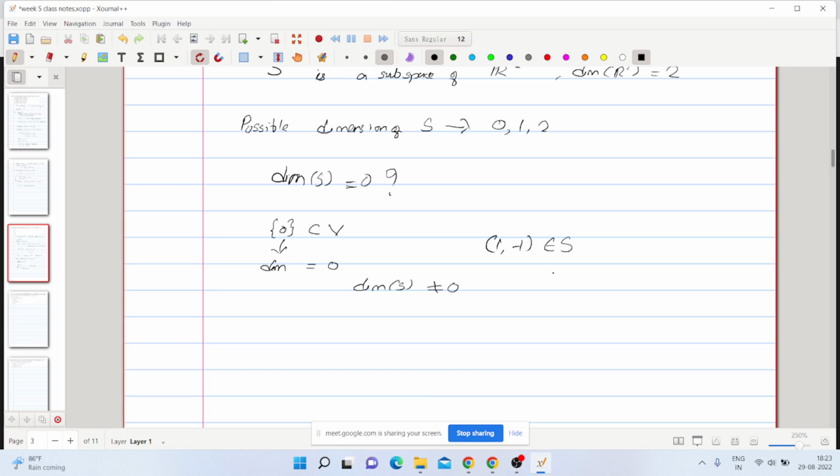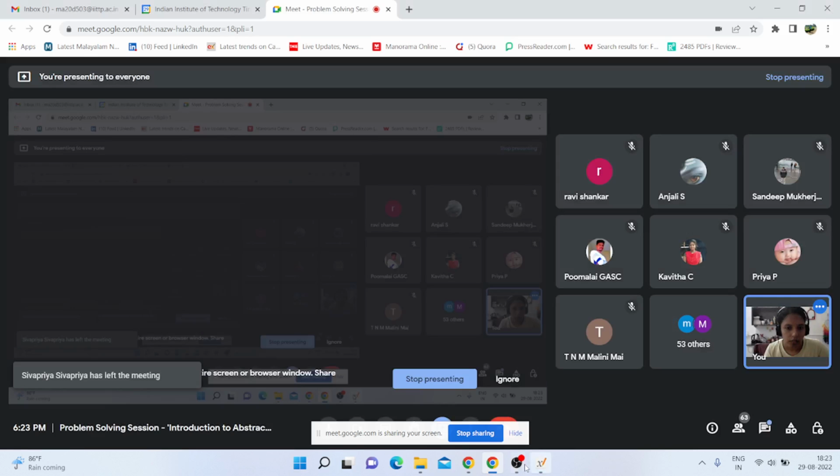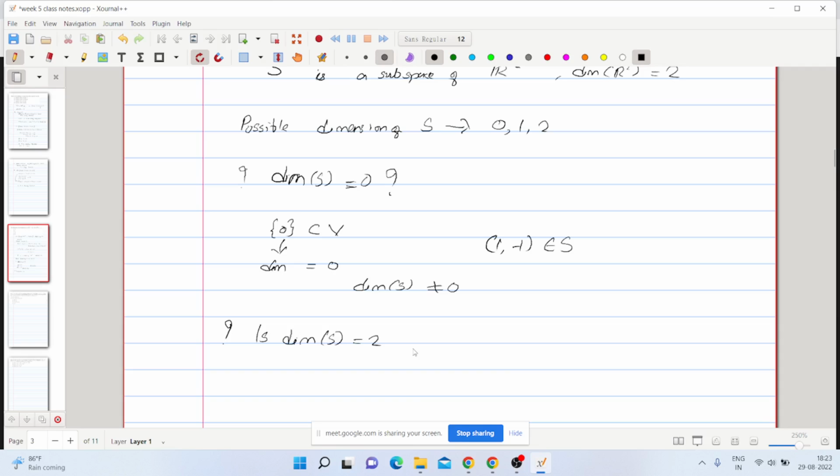Now the next question is, is the dimension of S equal to 2? What do you think? See, S is a subset of R2 and we know that the dimension of R2 is 2, that is the maximum possibility.